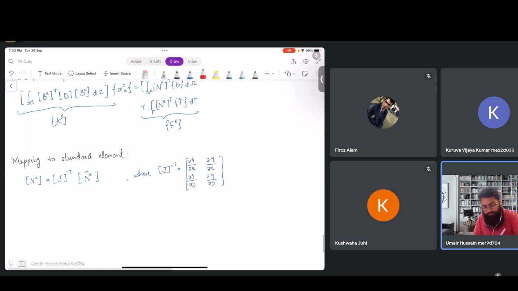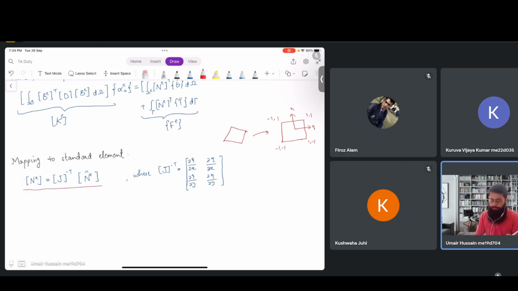So for example, if we have any random quadrilateral, we can map this to the master element or the standard element with corners minus 1 minus 1, 1 minus 1, 1 1, minus 1 1. For that we have to calculate the mapping, then the Jacobian, and we had done this for scalar problems, where this mapping is represented by this formula.